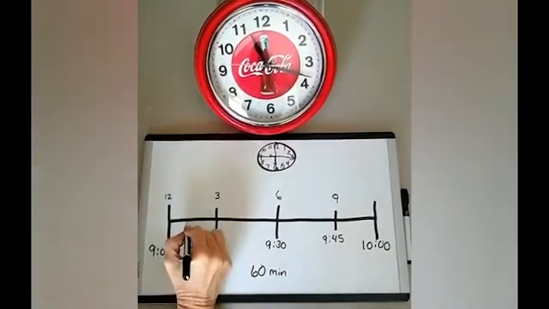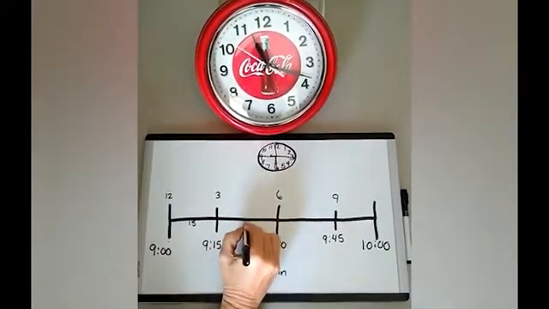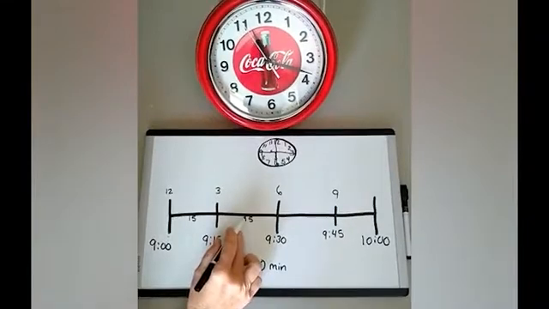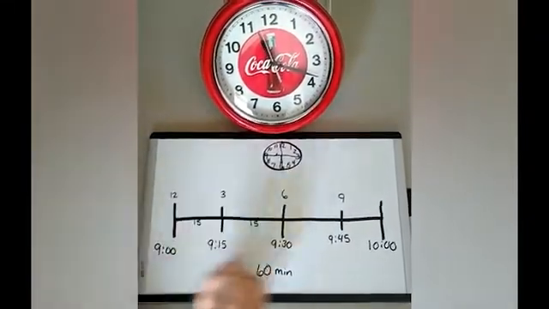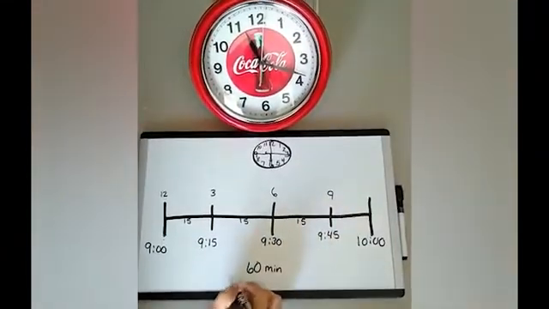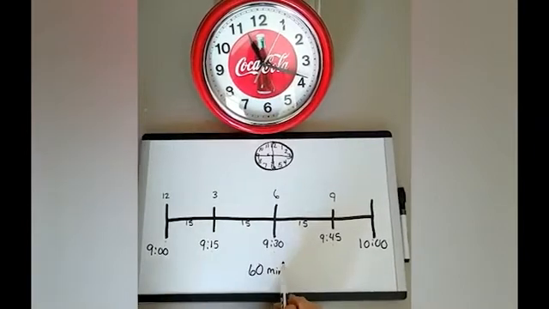Let's see, if this is worth 15 minutes, and this is worth 15 minutes, 15 plus 15, that's 30. This space is worth another 15 minutes. So 30 plus 15, oh, that's 45.